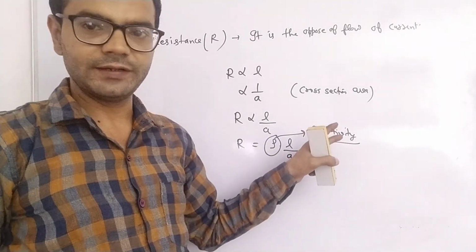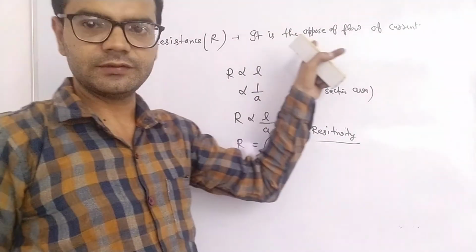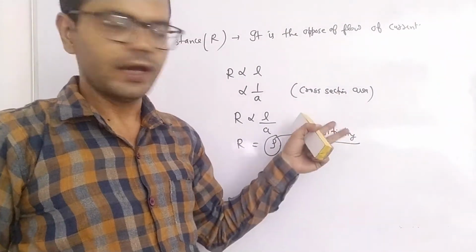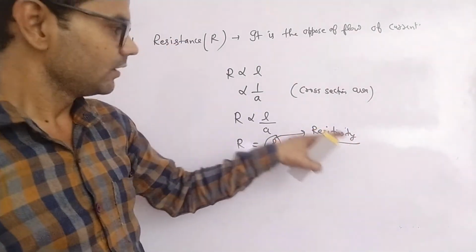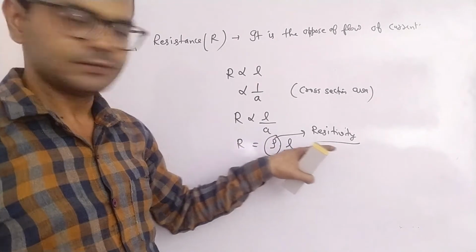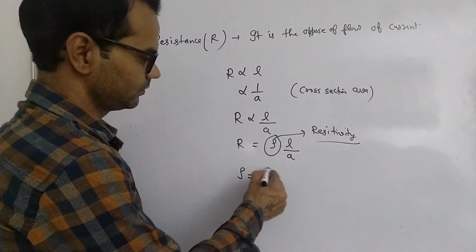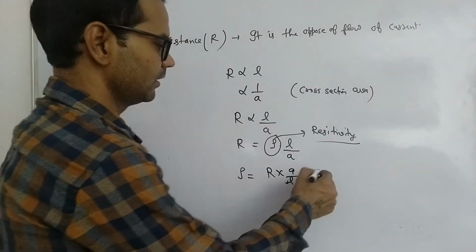It is the property of any material to oppose the flow of current. Resistance itself opposes the flow of current, and resistivity is the property of material. Every metal has different resistivity, right? So we can conclude the formula of resistivity from here. Resistivity equal to R into A by L.